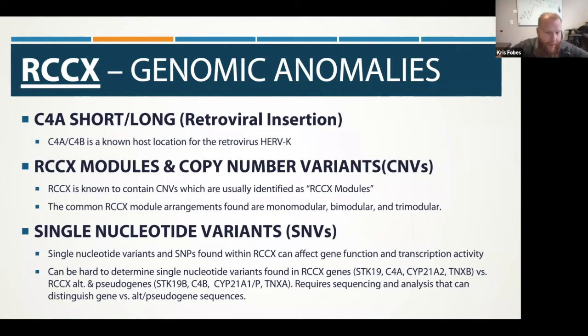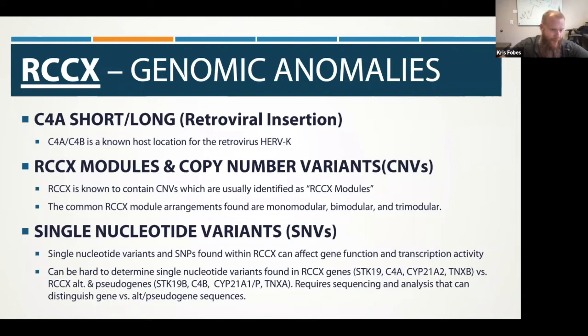One thing that is brought up quite a bit with SNVs is the ability to determine whether the SNV is actually in the gene or in one of the alt genes or pseudogenes that are commonly mistaken for the actual genes of RCCX.